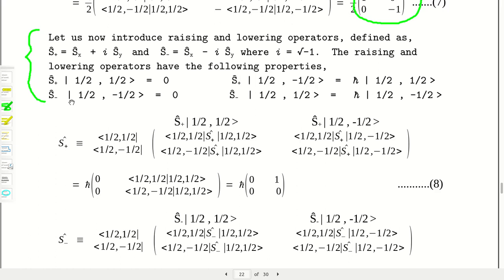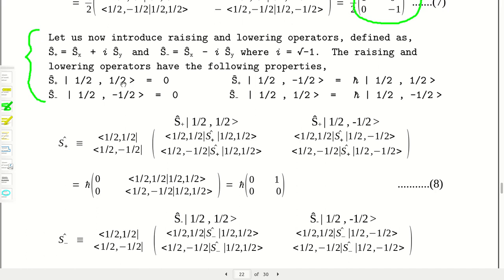Similarly, S minus is an operator which, operating on the negative state, minus half, will give you 0, because there are no states available to lower the system. In case of S plus, half is the maximum value of ms. The next value of the raising quantum number is 3 by 2, which is not acceptable in this case, because ms should have only two values, half and minus half.